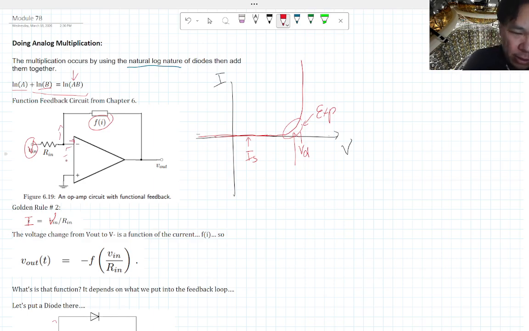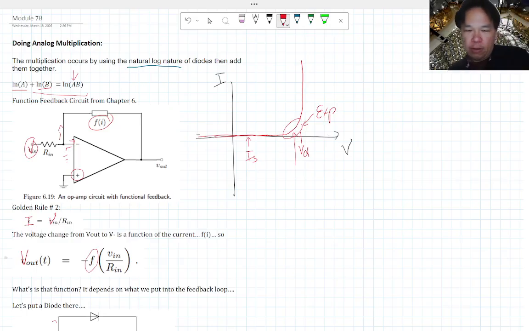And this point is also tied to ground, virtual ground, because the positive input is tied to ground. So in this case, V out is going to be equal to whatever this function is. If this component up here is a resistor, then this will just be RF, so you just have an inverting amplifier.